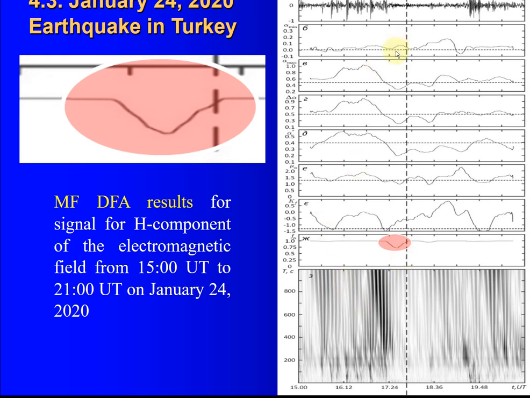The time of the earthquake is shown by this dashed line, and this decrease was approximately 13 minutes before the moment of the earthquake. As for me, it is a very interesting result, and very promising for solving the problem of finding earthquake harbingers.